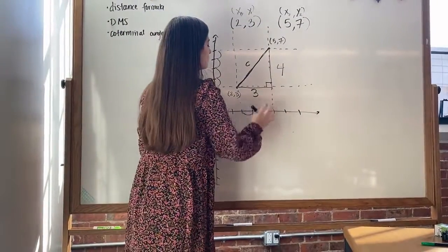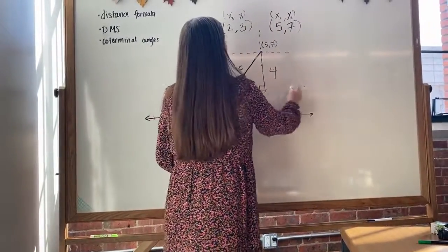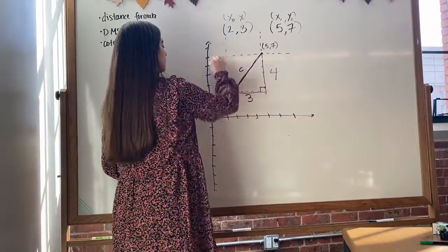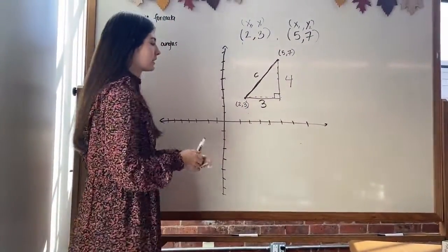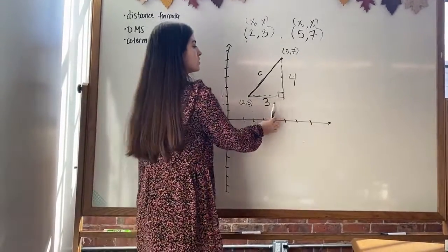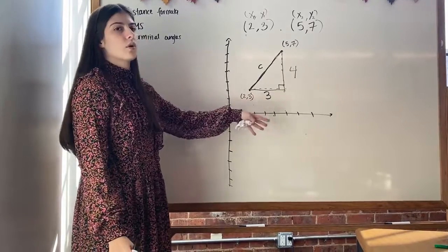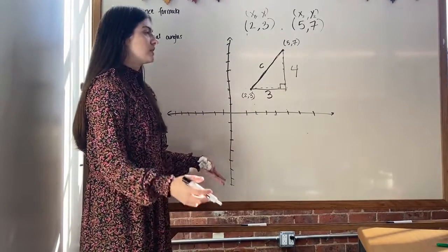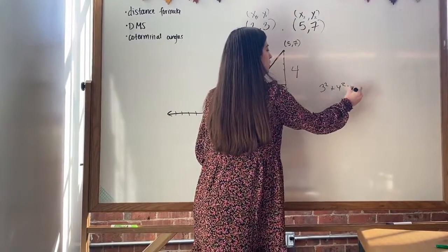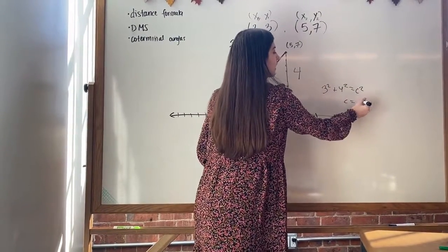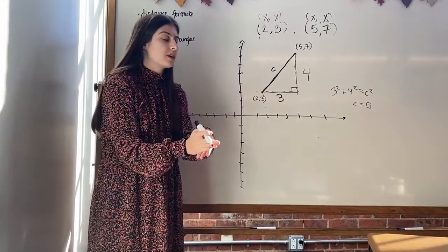Now, get rid of all of this chaotic mess, and we just have a right triangle with sides 3 and 4, and we're trying to figure out our hypotenuse. That's all that's really going on when we're doing the distance formula. Now all we have to do is 3 squared plus 4 squared equals c squared, and we get that it's 5. So hopefully the distance formula makes a little more sense.